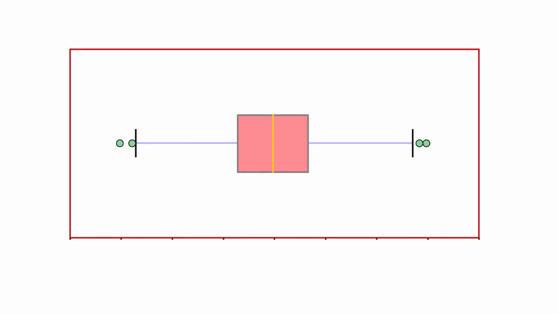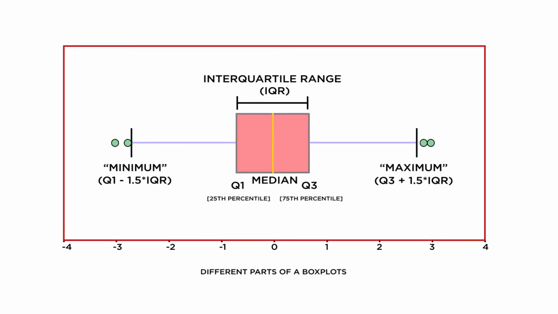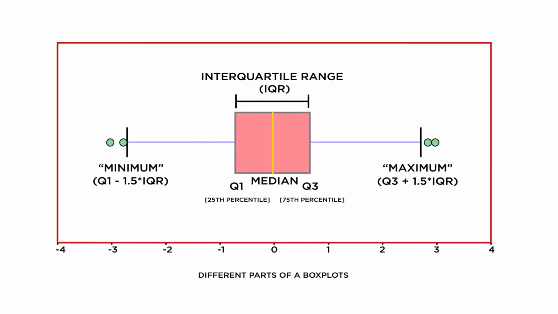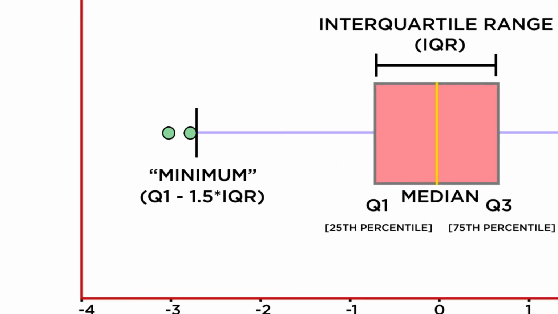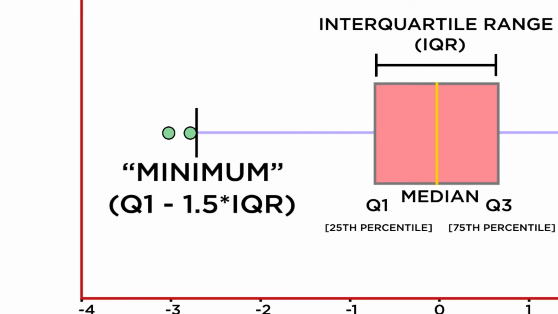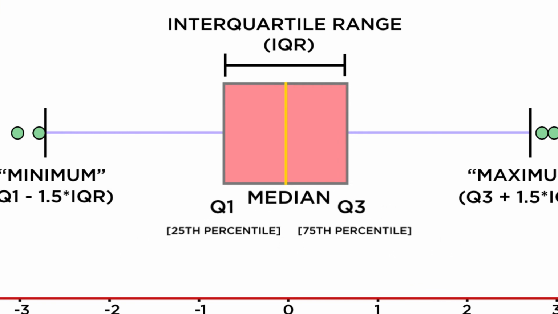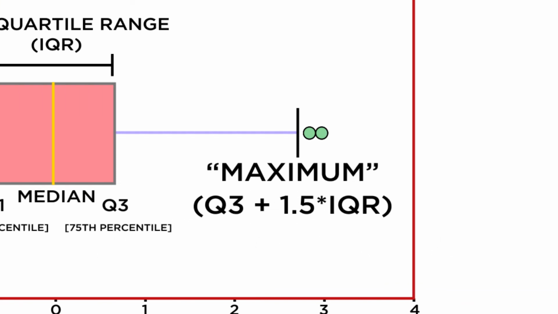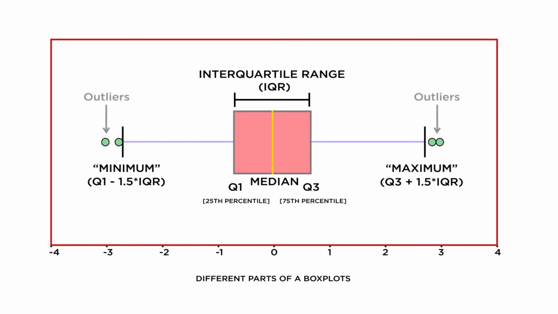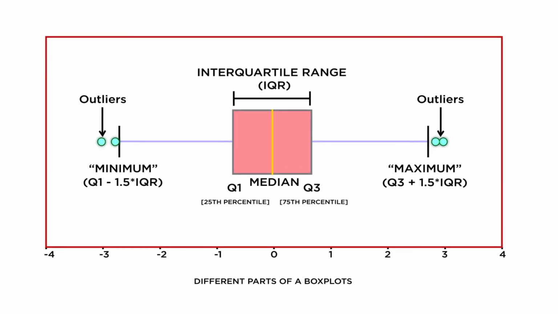A box plot is a standardized way of displaying the distribution of data based on a 5-number summary. That is, minimum, first quartile Q1, median, third quartile or Q3, and maximum. It can tell you about your outliers and what their values are.